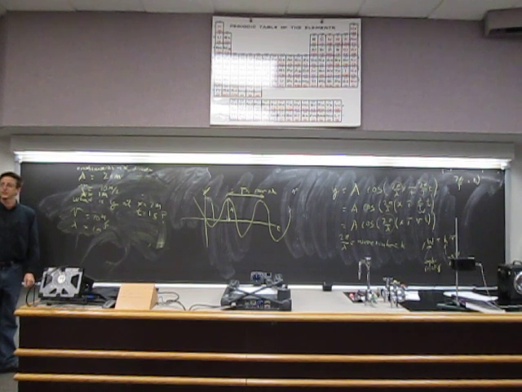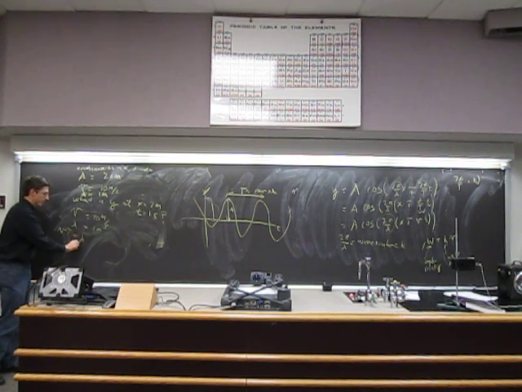What's the period? Period is 2 pi over the velocity. So V times the period is going to be 1 wavelength.